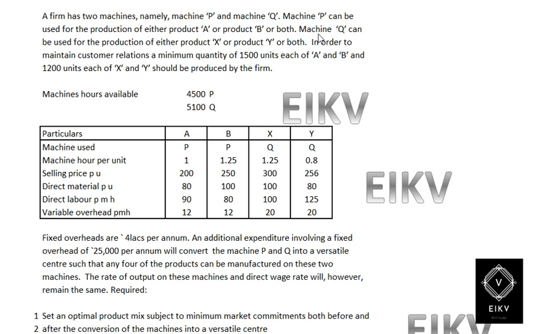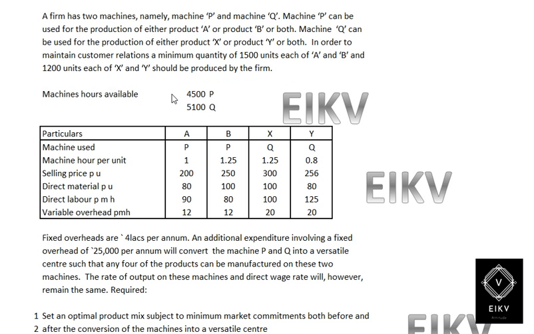Machine Q can be used for the production of product X and product Y or both. In order to maintain the customer relationship, a minimum quantity of 1500 units of A and B and 1200 units of X and Y shall be produced by the firm.